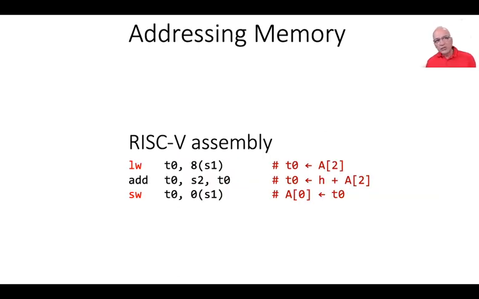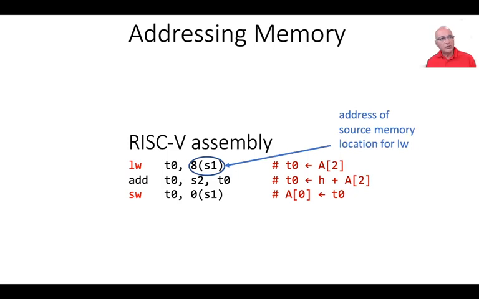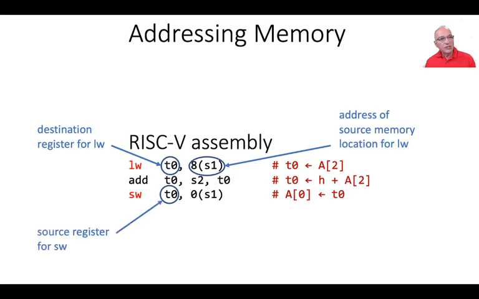So let's take a closer look at these instructions, and let's learn the terminology that we use to describe them. 8(S1) is the address of the source memory location for the load word, and T0 is the register that is the destination of the load word. For the store word, T0 is actually the source register. The value is coming out of T0 and going into the memory.